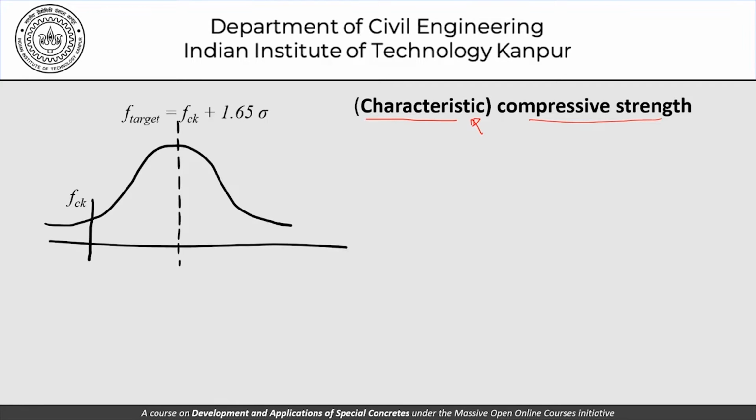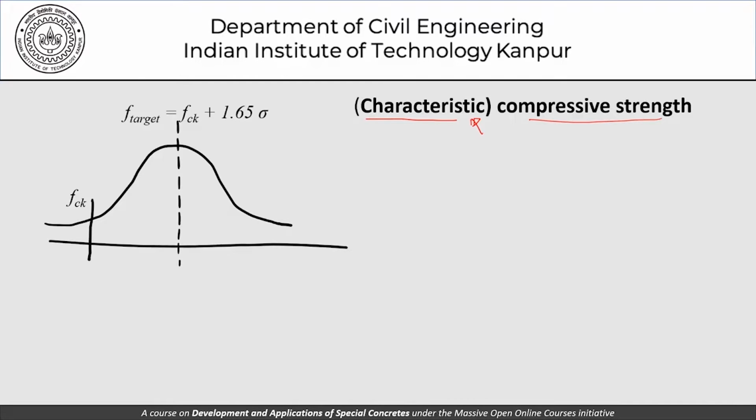Here is the normal explanation for it: if we take a large number of cubes from a given concrete, for all kinds of reasons, we are not getting into those reasons here, they will follow some kind of a distribution.